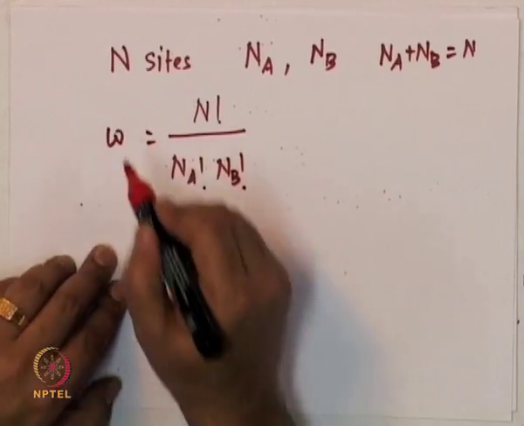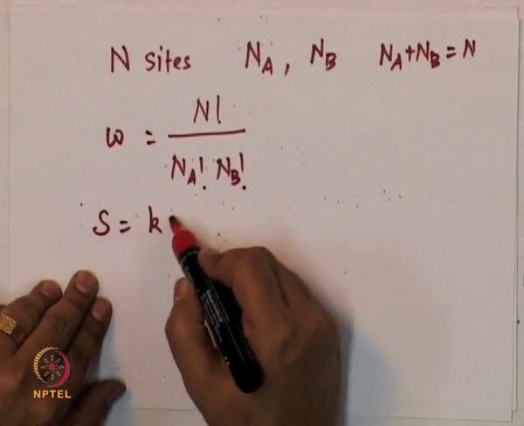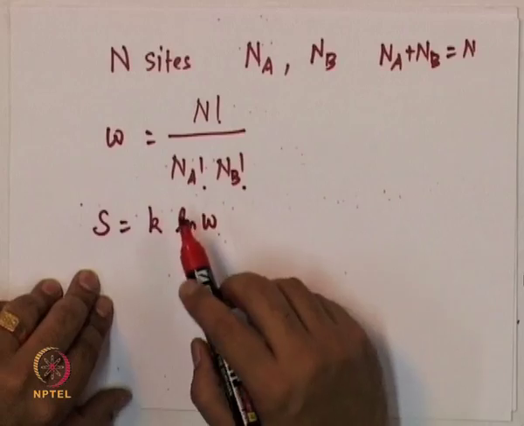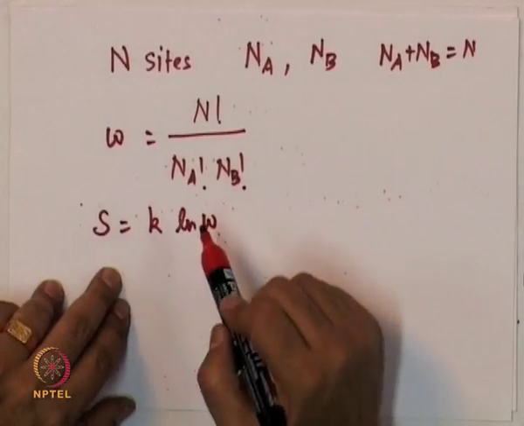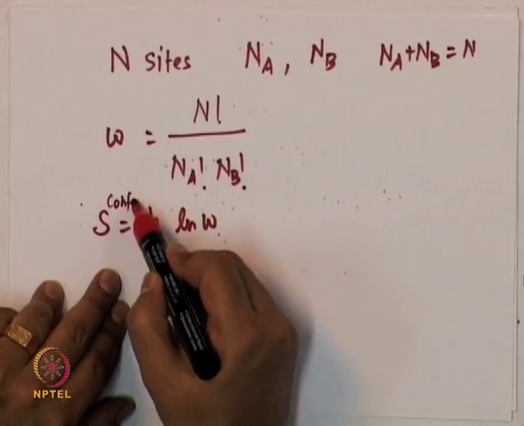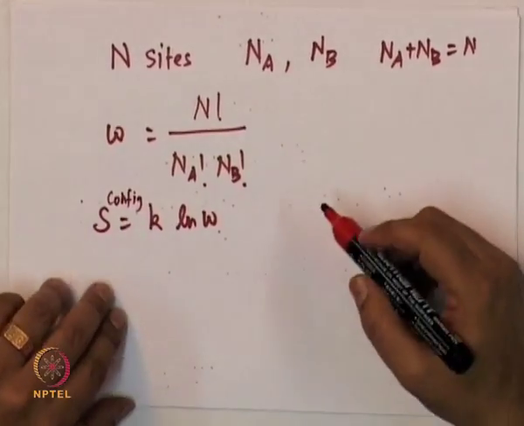This is what we wrote as omega, and so S is k ln omega. That is how the configurational entropy was calculated, and this is the number of microstates.